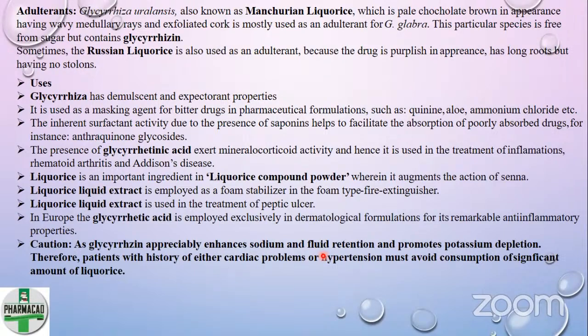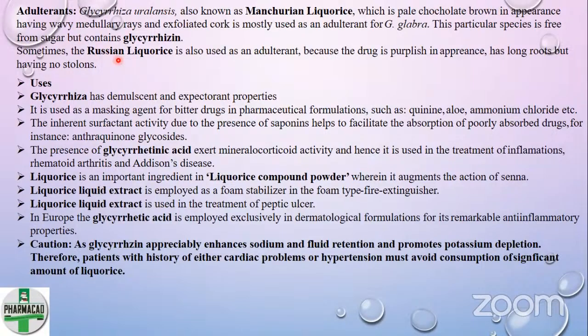It is pale chocolate brown in appearance, having wavy medullary rays and exfoliated cork, and is mostly used as an adulterant for Spanish licorice. This species is free from sugar, but it contains glycyrrhizin. Sometimes Russian licorice is also used as an adulterant because the drug will appear purplish in color and will have long roots but no stolons.